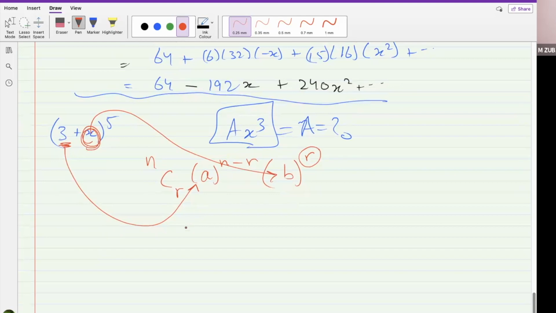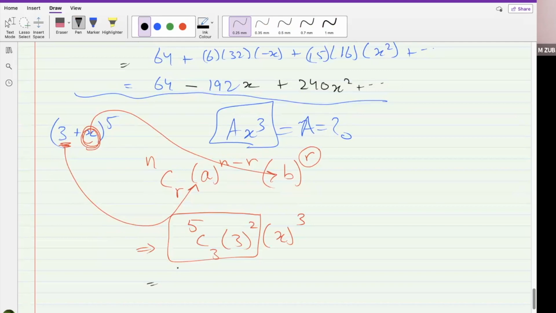If I choose to write it directly, 5C3, a is 3, 5 minus 3 is 2, and x part 3. Isn't it the very term the examiner wants to know? So 5C3 is 10, 3 square is 9. So even if I open all the terms, the coefficient of x cube will be 90.